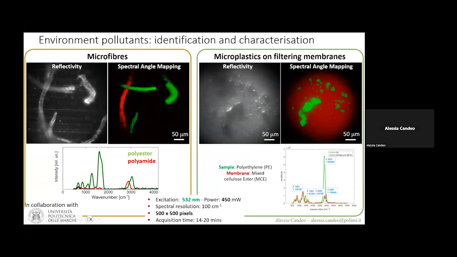Finally, it was also possible to detect and identify microplastics on filter membranes. These are membranes commercially used for filtering microplastics. They are made of cellulose, and it was possible to distinguish on cellulose the presence, for example, of polyethylene.